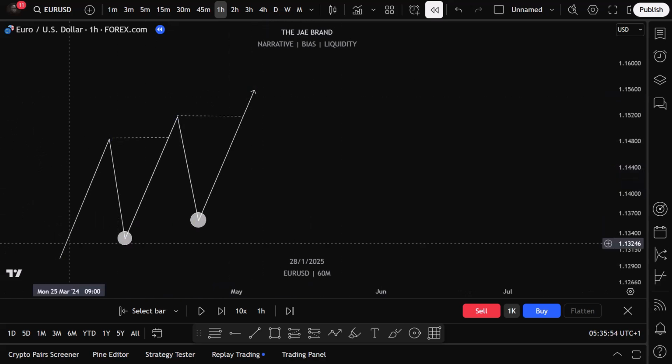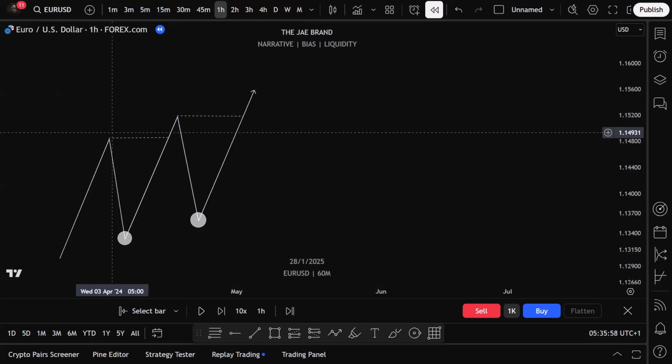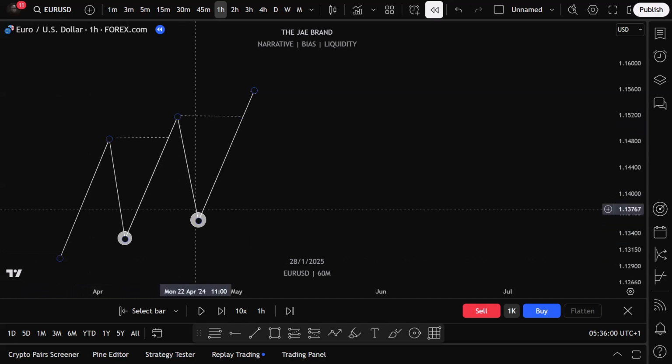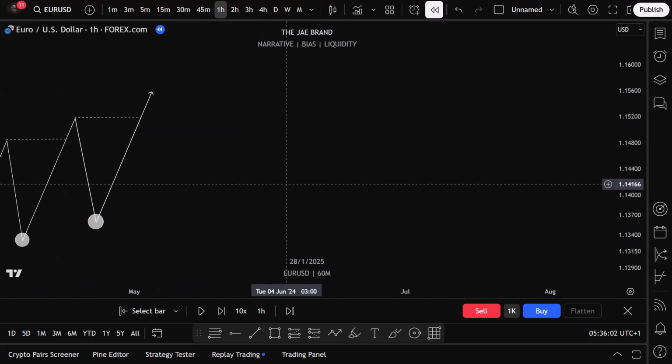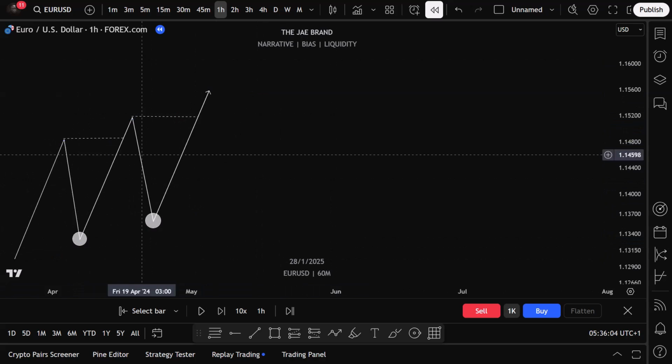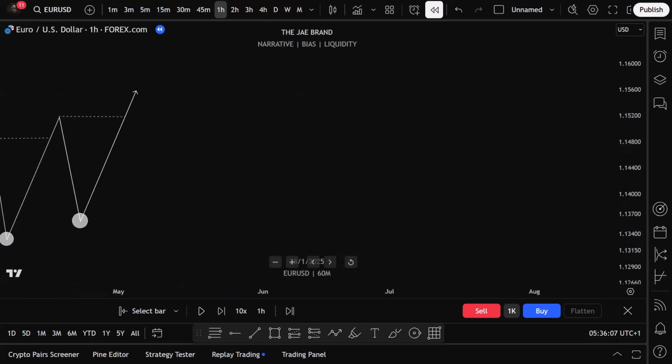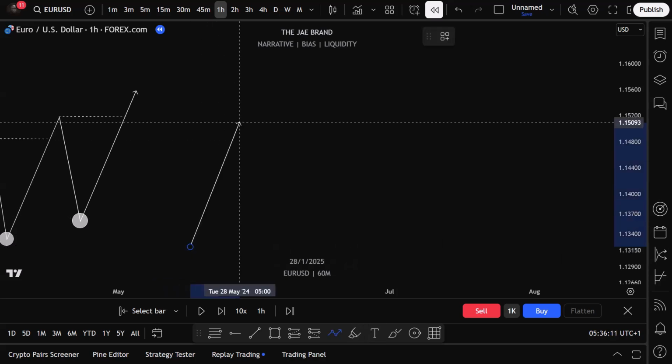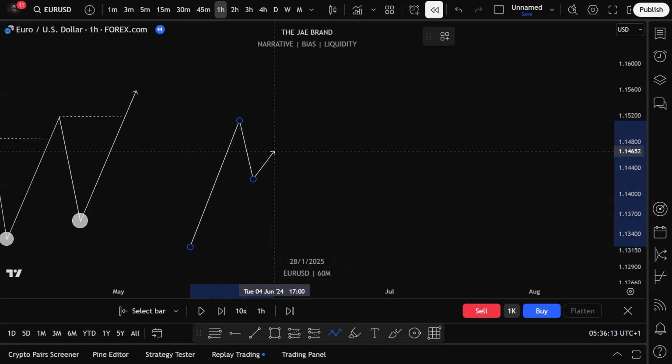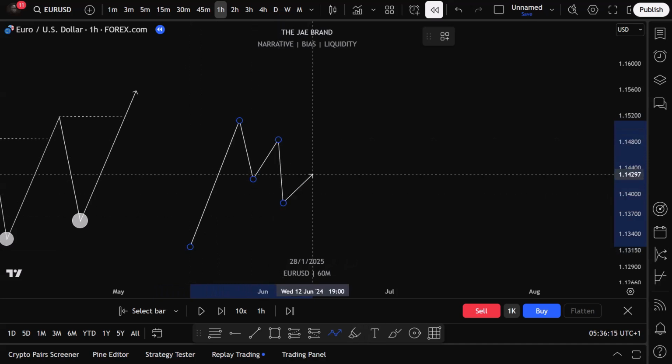This is a simple structure. You can see the higher high, higher low, higher high, higher low, higher high, higher low. I want to present this same format in another way. This is it. Like I said before, we have external structures and we have internal structures.